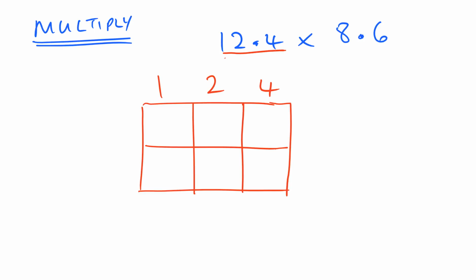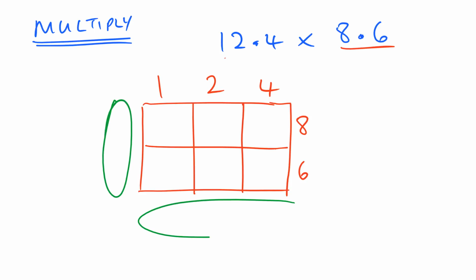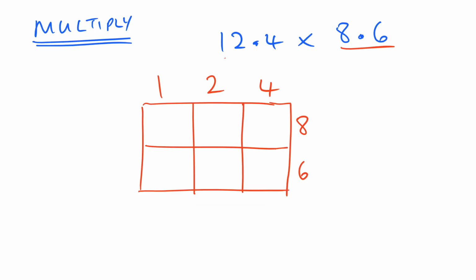So I'm just going to stick a 1, a 2, and a 4 there. Okay, and with this number, an 8 here and a 6 here. So nice and simple so far. The numbers always have to go in those positions, by the way. You never stick numbers here and you never stick numbers here. Okay, so they have to go in those positions. And notice as well, so far I've completely ignored the decimal point. Okay, because we come back to that at the end.